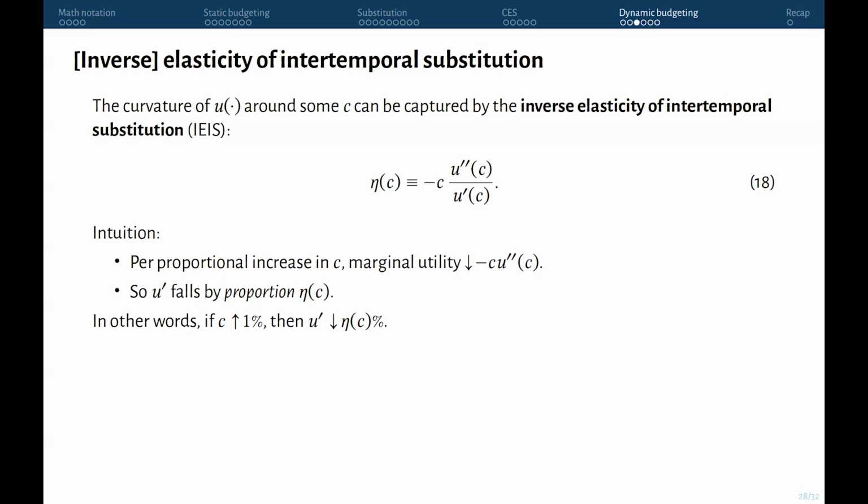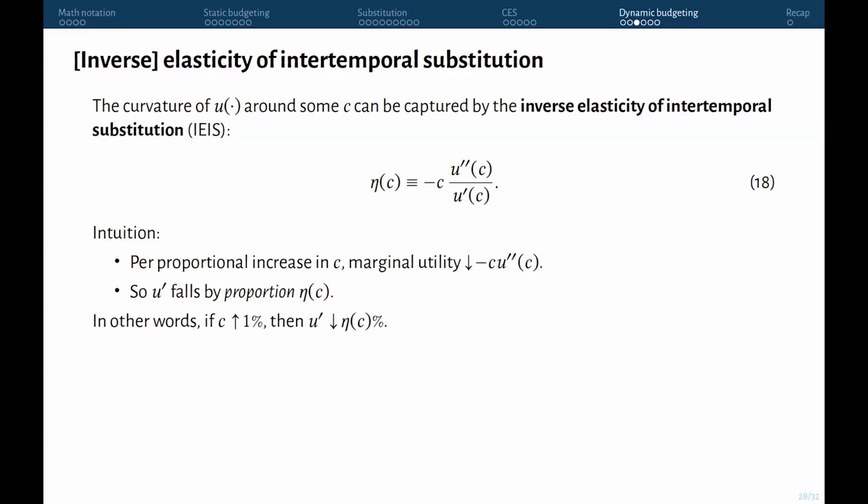So for starters, per absolute increase in C, marginal utility is going to fall by like u double prime of C, because marginal utility is u prime of C. That's the first derivative. So the rate of change of the derivative in C is going to be the second. And so per proportional increase in C, the marginal utility is going to fall by that second derivative times how much C you're starting out with, because 1% of the larger number is bigger than 1% of the smaller number.